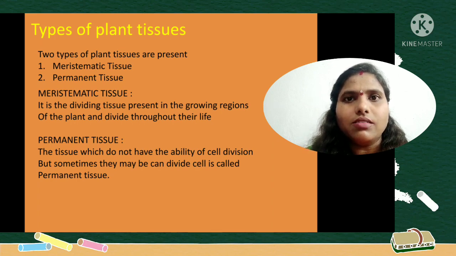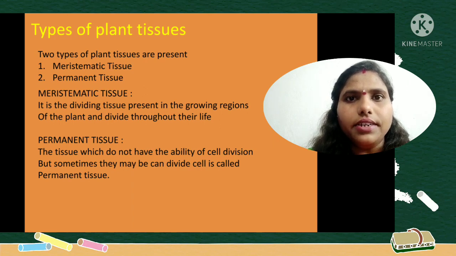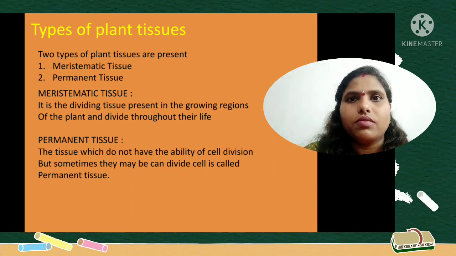And permanent tissue is the tissue which does not have the ability to divide, but sometimes they may also divide. This is called permanent tissue.